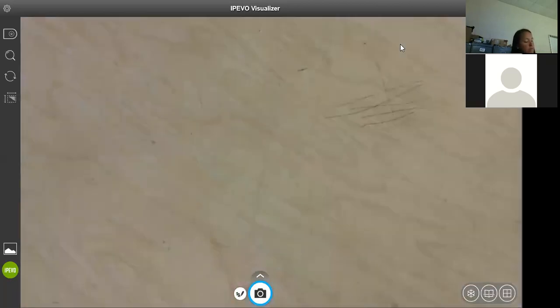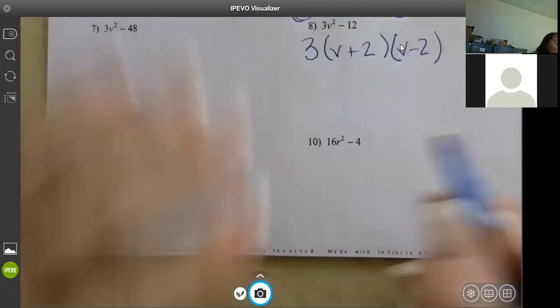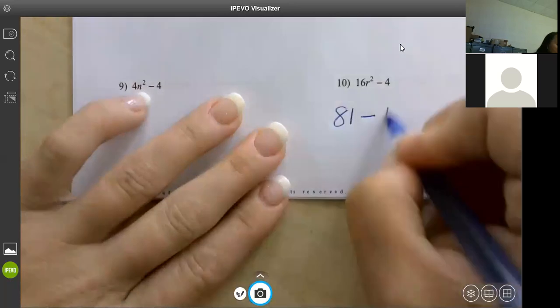Oh, Anna. Like it may have 81 minus 7 squared. Like the letter in the back. This will have the letter in the back. So it could be like 81 minus 7 squared. Like this.